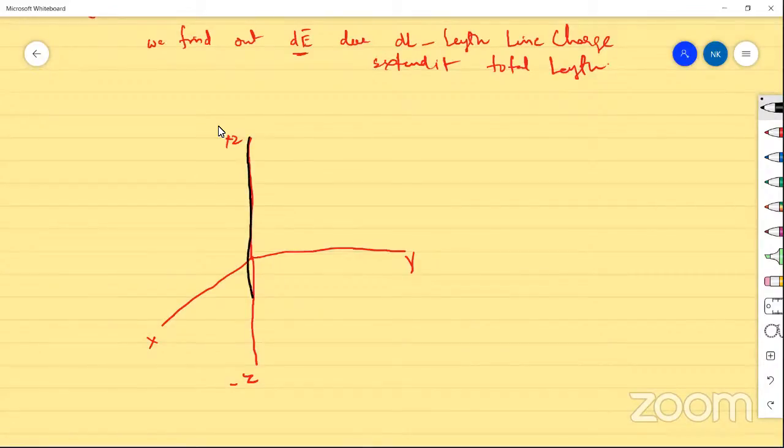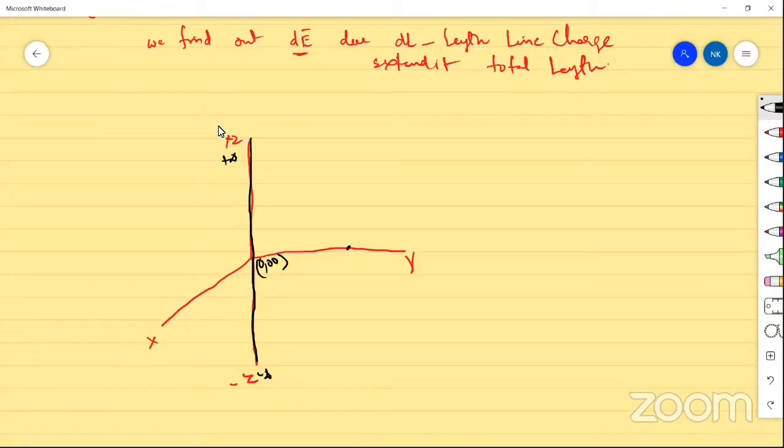The line charge is extending from plus infinity to minus infinity. So this is the origin. Okay. So this is 90 degrees, this is 90 degrees, all that is 0. Now I have considered the line charge from minus infinity to infinity.